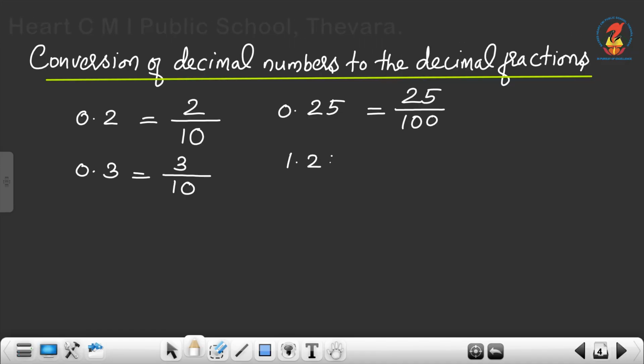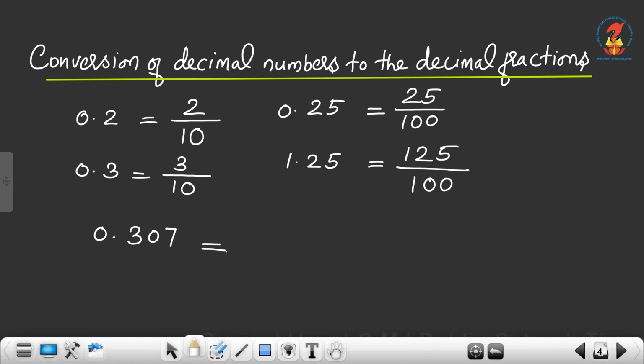Next, 1.25. Count the number of decimal places, 2 decimal places. So without the decimal point you consider the number, that is 125, by 2 decimal places, therefore 125 by 100. Then 0.307.